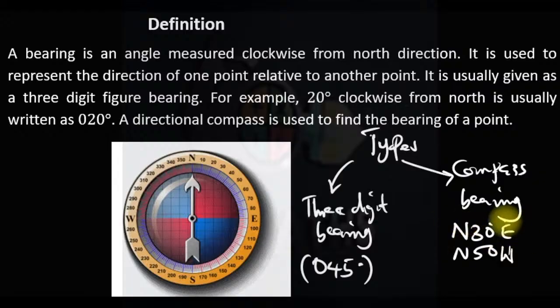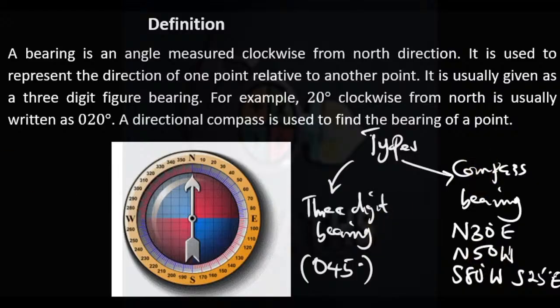You always see a letter, the poles, either north to east or north to west, or maybe south 80 degrees west, or south 25 degrees east. So the major difference is that the angle in compass bearing is always less than 90.